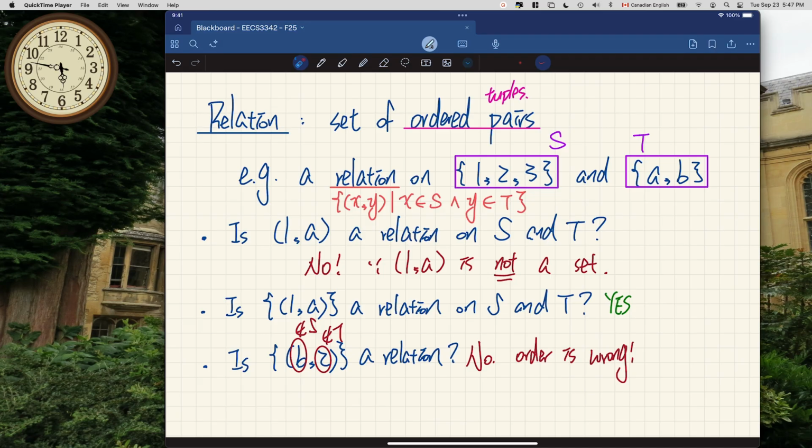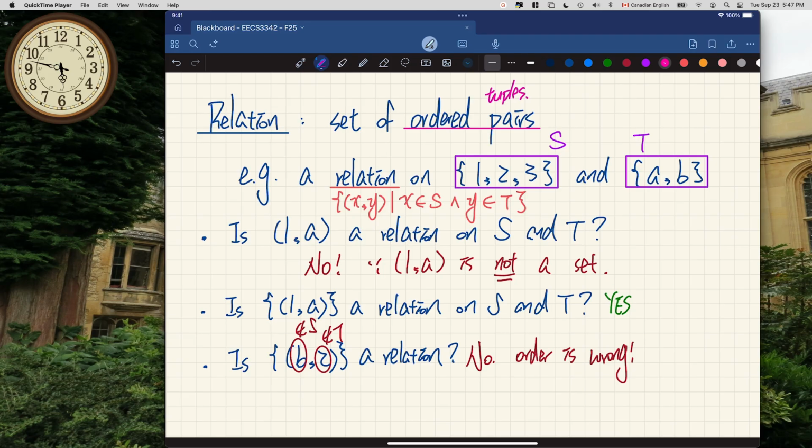Also, you can see the definition here, right? Each pair is X and Y. X must be a member of S, which is the first set, and Y must be a member of the second set. So the order really matters. Of course, there might be some special case where S and T are exactly the same, and that's also fine.